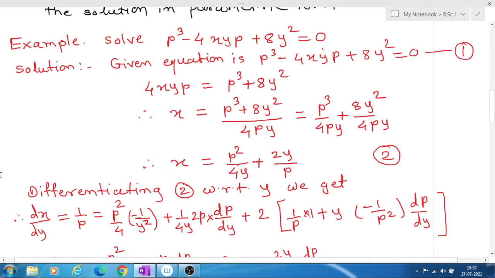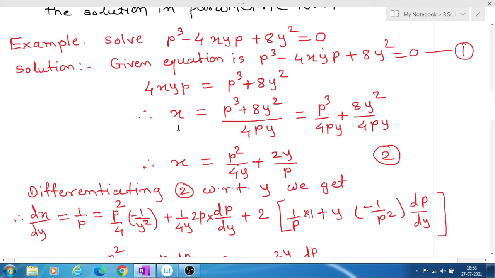Solve p cube minus 4xyp plus 8y square is equal to 0. Now the given equation we have to write as solvable for x. So here this 4xyp is transferred to the RHS, and here remains p cube plus 8y square.